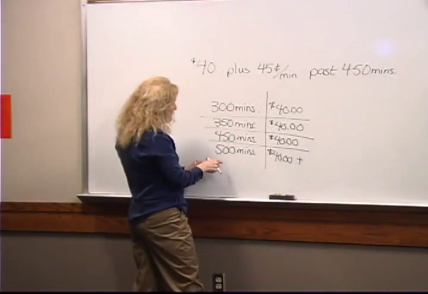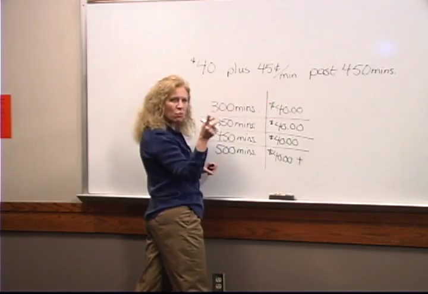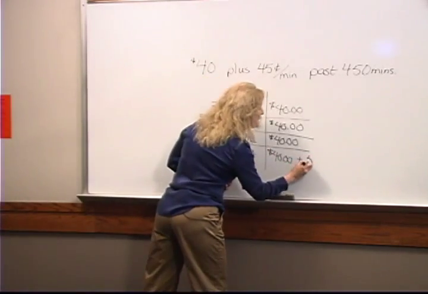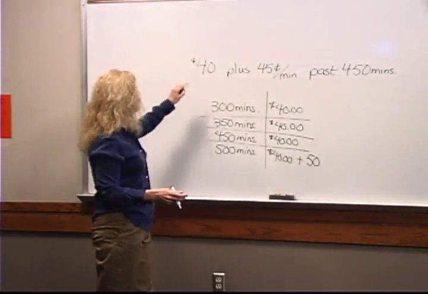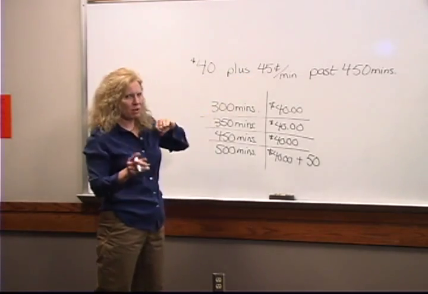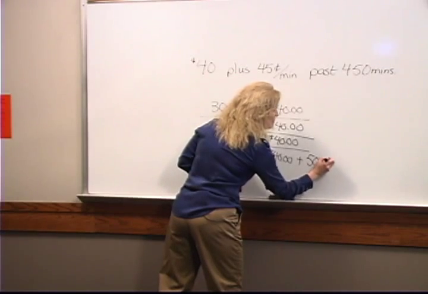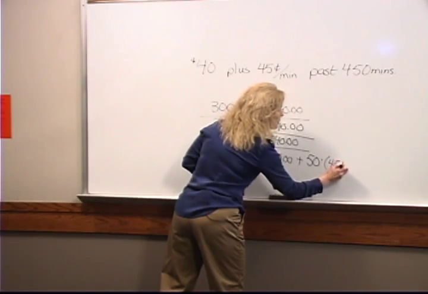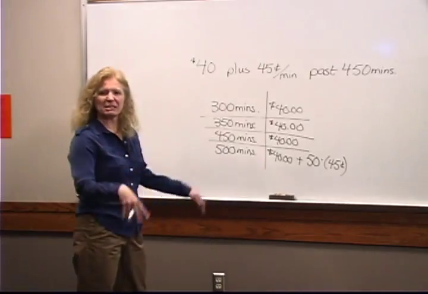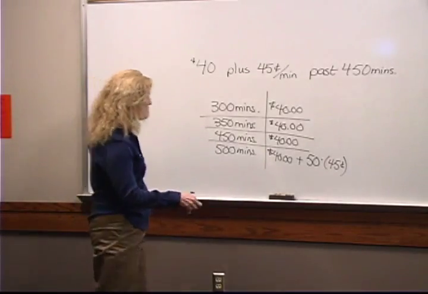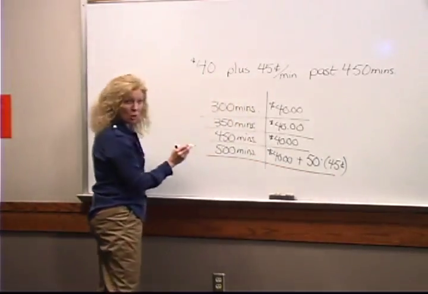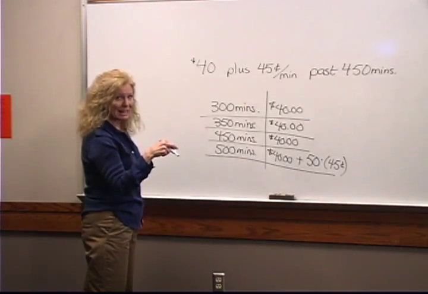I'm going to take 500 and I'm going to subtract off that 450. So I got 50 extra minutes and I'm going to multiply that times 45 cents, right? So 50 times 45 cents, whatever that happens to be. I don't want to deal with the numbers at the moment. Because my only concern is, how do I get this?